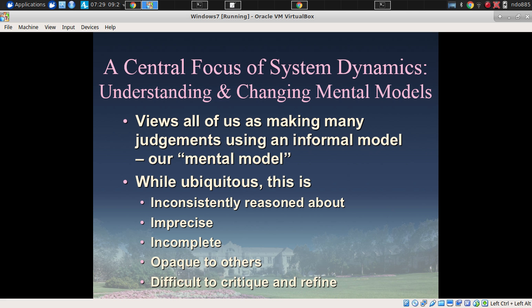So I noted the other day that a central focus of system dynamics, if I had to pick out one thing that distinguishes it, when I talk with people from the agent-based modeling community or discrete event modeling community or what have you, what really stands out, the one thing more than anything else, is that system dynamics focuses on changing how people think about systems. They're not satisfied with giving you the right answer to some policy problem.